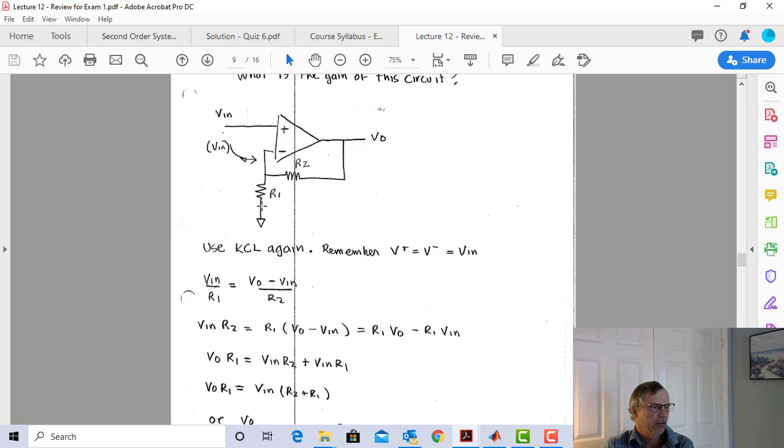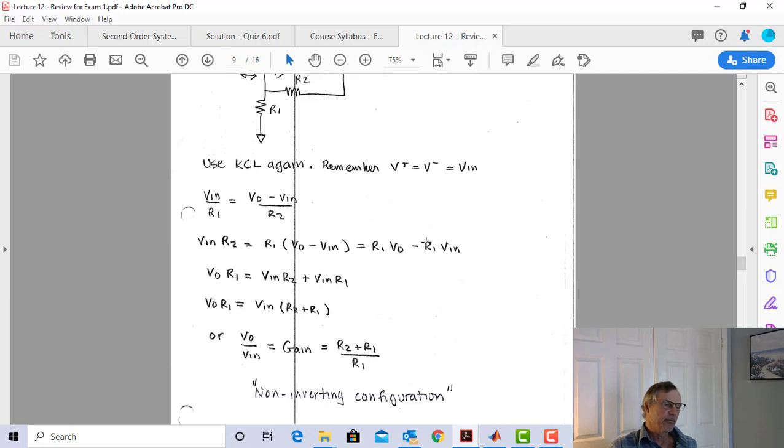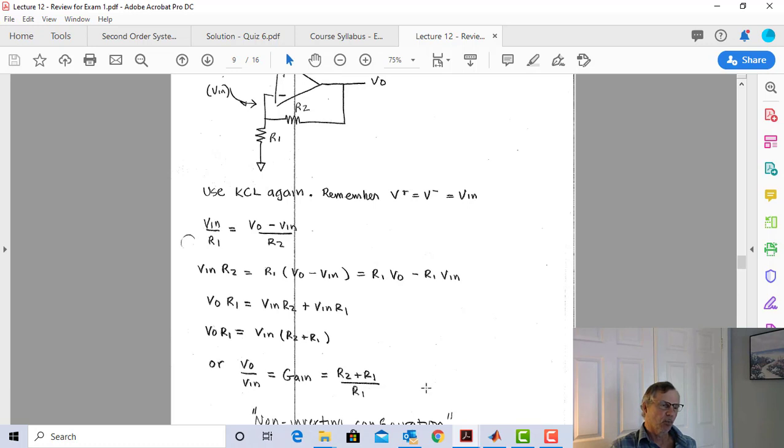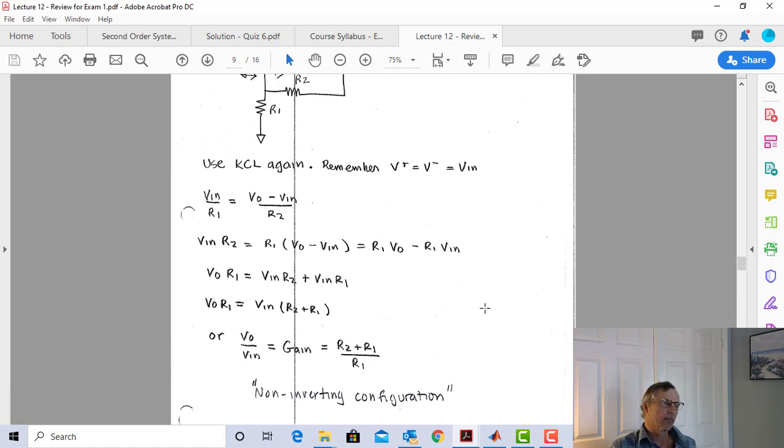Vin divided by R1 is going to be equal to Vout minus Vin divided by R2, meaning this current is the same as this current. So I'm going to massage these a little bit until I get Vout over Vin, and I end up with the gain. Vout over Vin is my gain, and it's equal to R2 plus R1 divided by R1.